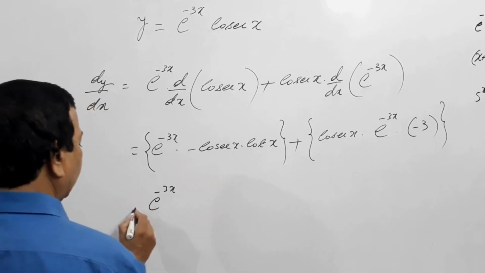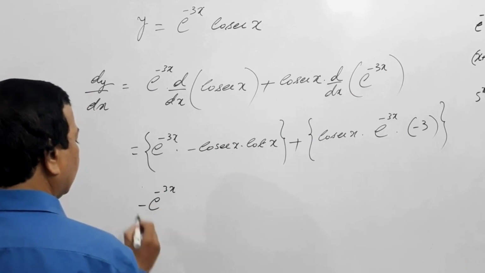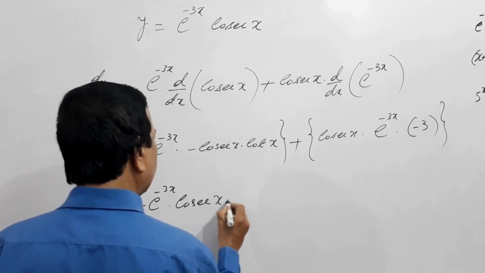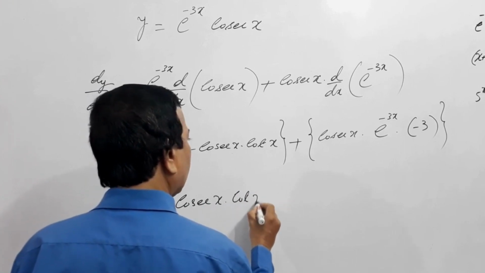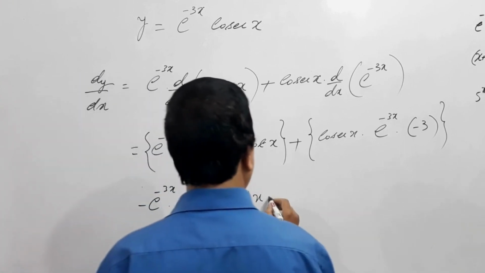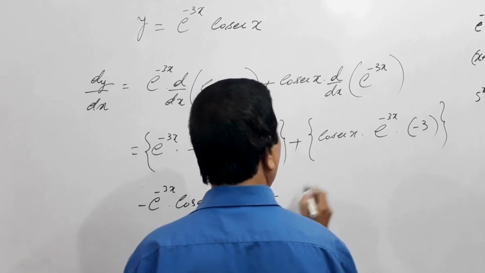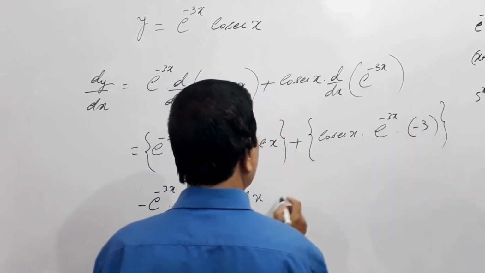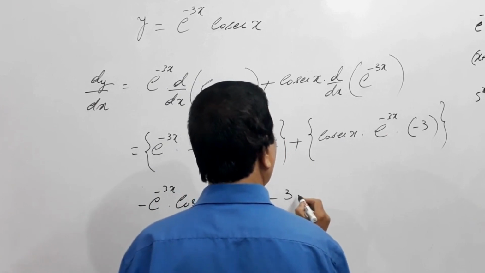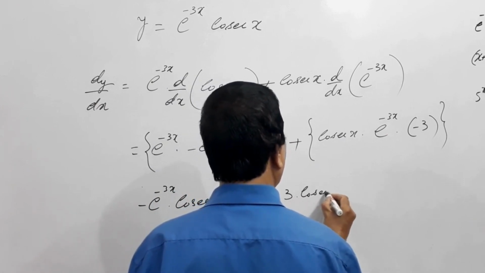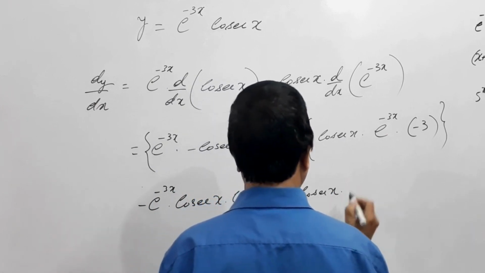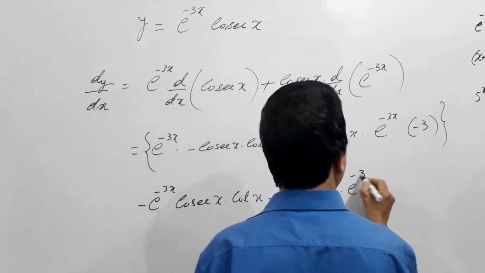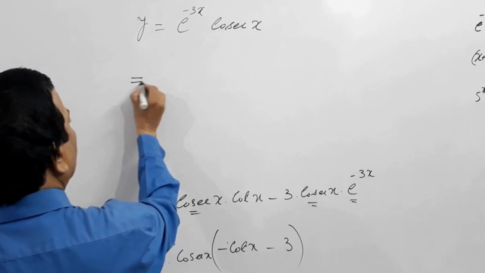We have a minus value here, that is minus into cosecant x cot x, plus, we have a minus sign here, minus into plus, minus 3 into cosecant x into e to the power of minus 3x.